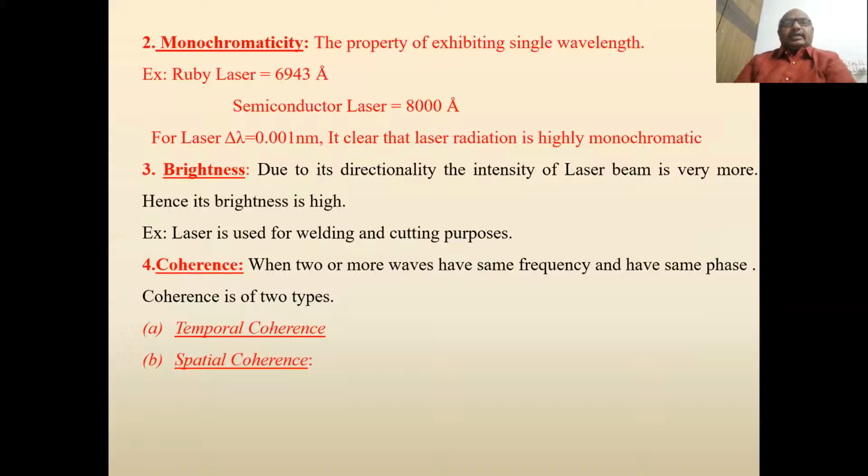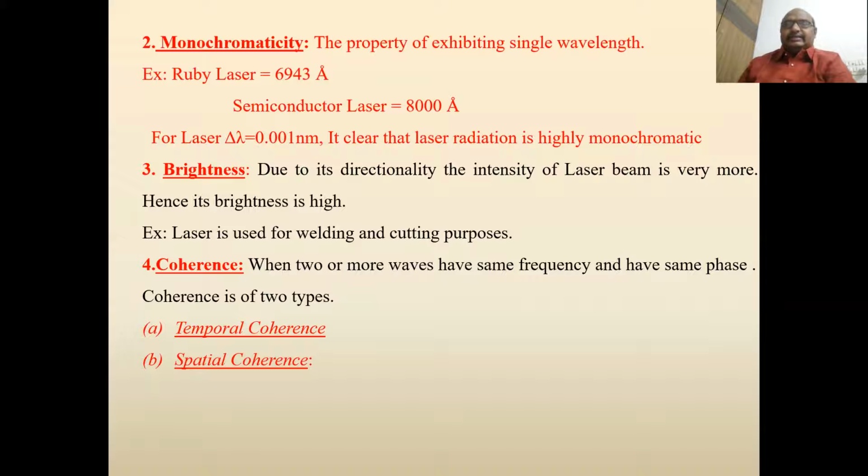Monochromaticity is the property of exhibiting a single wavelength. For example, ruby laser 6943 angstroms, helium neon laser 5893 angstroms, semiconductor laser 8000 angstroms, and carbon dioxide laser nearly 10,000 angstroms. For laser, delta lambda is equal to 0.001 nanometers.